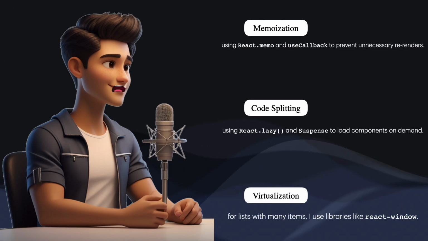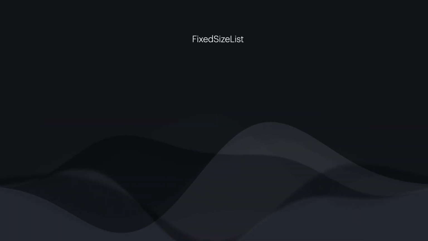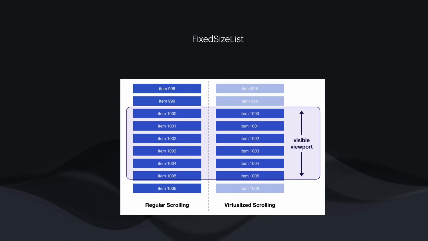Code splitting, using React.lazy and Suspense to load components on demand. 3. Virtualization, for lists with many items, I use libraries like React Window. For example, in one dashboard project, I optimized a 1,000-row table by wrapping it in a FixedSizeList. This improved scroll performance drastically.